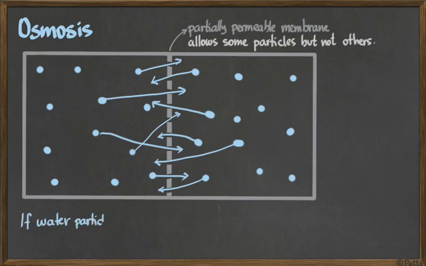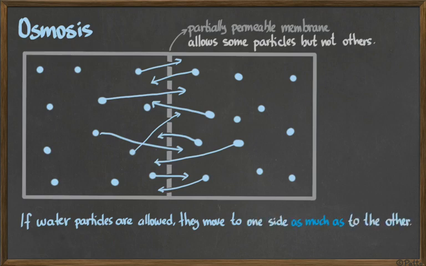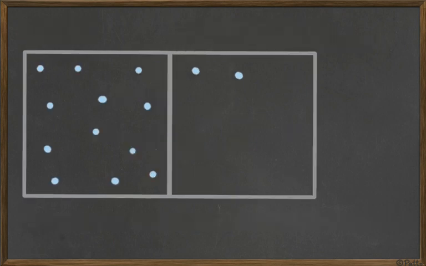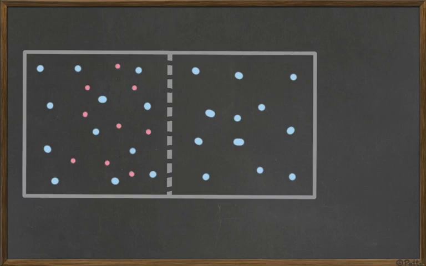Okay? So if water particles are allowed through, they move to one side as much as they move to the other. In this case, we say zero net movement, no net movement as a result at all. Although the particles are moving, they move the same amount to one side as they do to the other side.